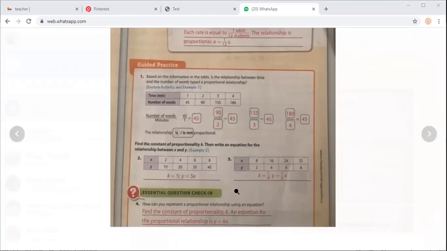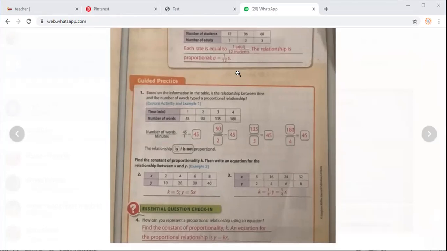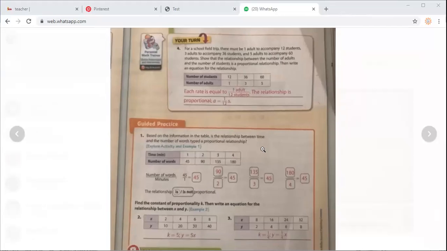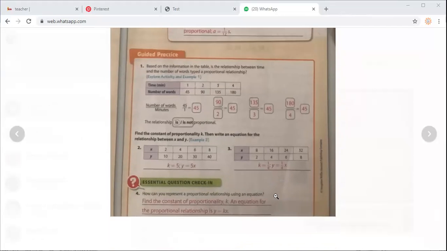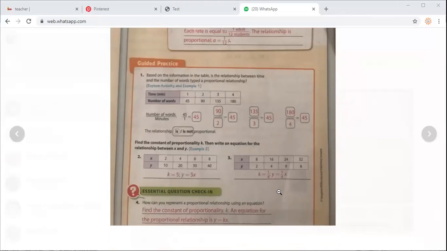Okay, let's move to the next question. It has the same idea. We have x and we have y, and we want to find a constant value. We are going to divide 2 divided by 8, which will be 1 over 4. 4 divided by 16, 6 divided by 24, and then 8 divided by 32.